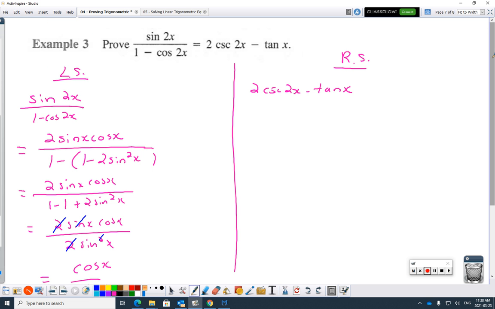Okay, over here, 2 cosecant 2x. So we agreed that cosecant had to go. So this is now 2 over sine of 2x. And tan has to go. That's sine x over cos x. We also agreed that when it's 2x inside, that has to go.